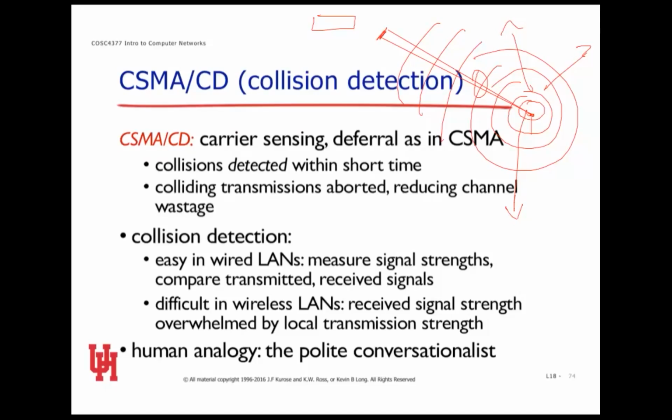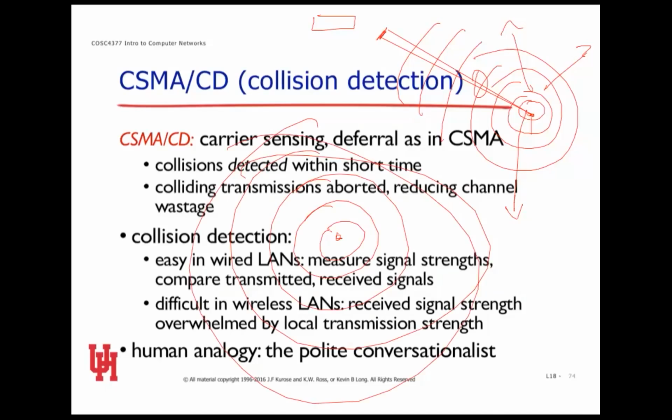It is so weak compared to what you sent that if somebody else started sending something at the same time as you, and they're trying to get to the Wi-Fi router as well, the part of that that makes its way to you is maybe 100,000th, 1 millionth, maybe worse, the signal strength of your signal.